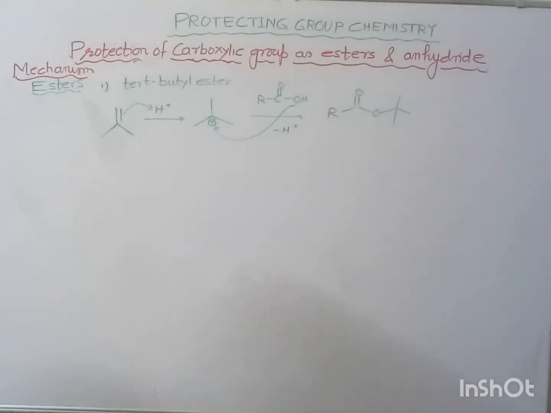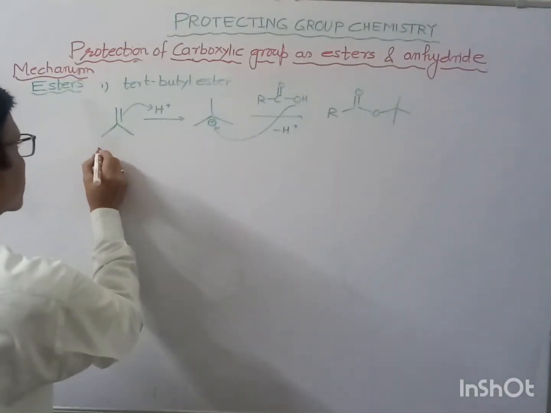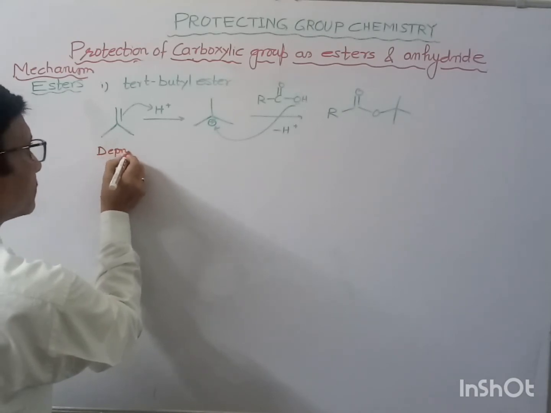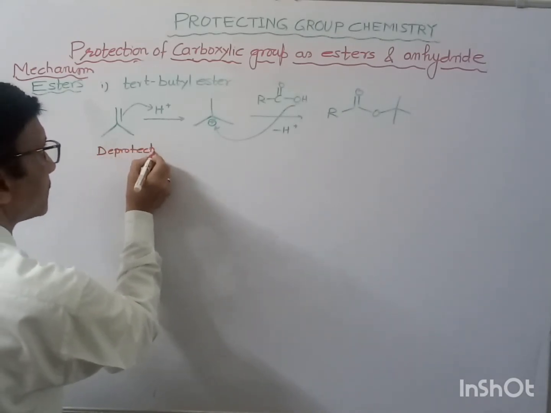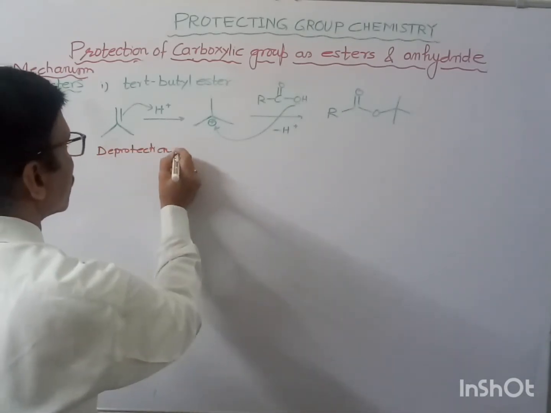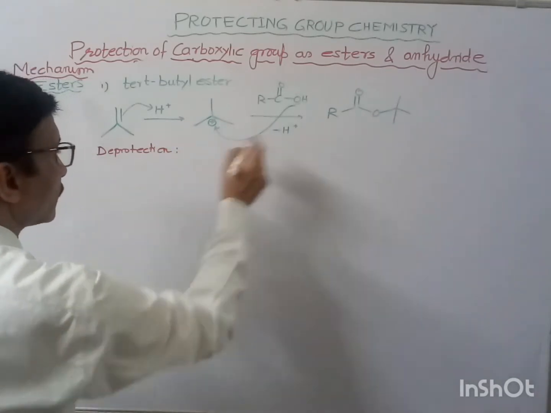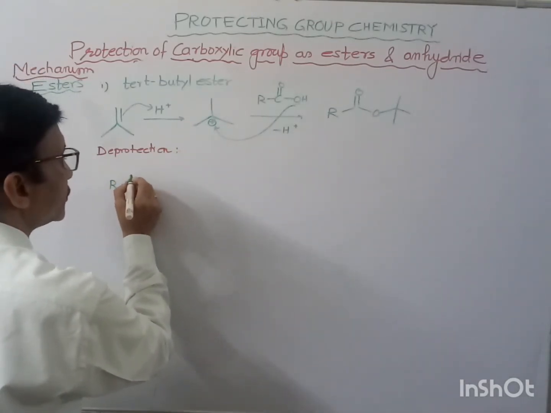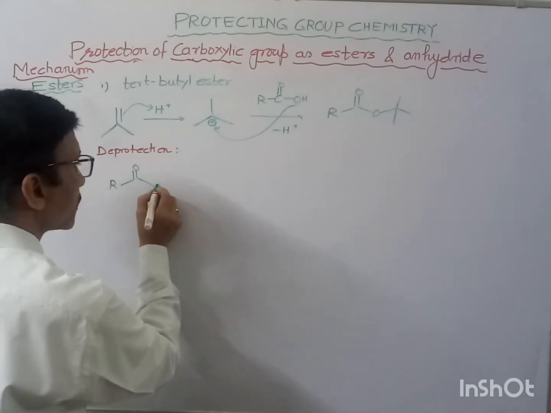Now how can we deprotect it? If we see this deprotection, we have the tertiary butyl ester.